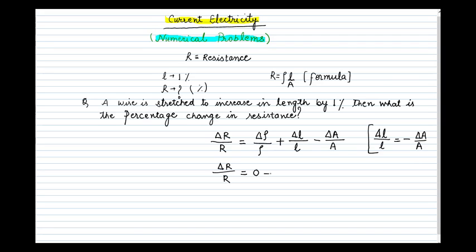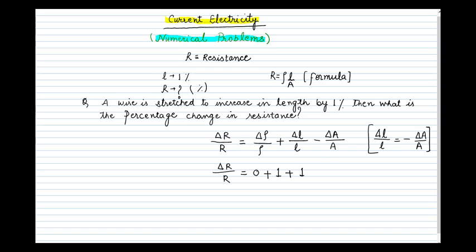Plus the percentage change in length, that is given as 1. From this relation, we can say that whenever there is a change in the length, there is a change in the cross-section area in the negative. That means when you are increasing the length, the cross-section area will have a negative effect, it will be decreased. The change is similar, so it will also be 1%.